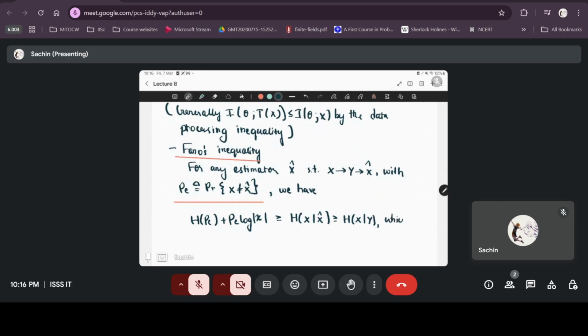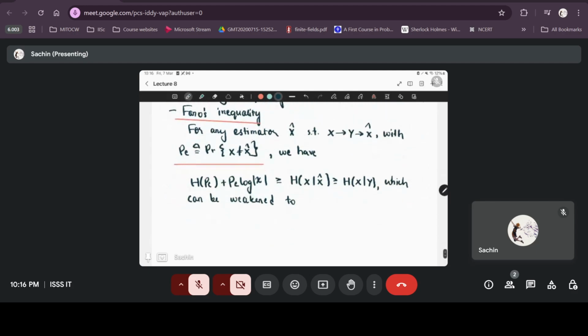This can be weakened: H of p is some quantity that is less than or equal to 1. So H of x given x hat is less than or equal to 1 plus p log of mod X. So p is greater than or equal to H of x given y minus 1, divided by log mod script X.